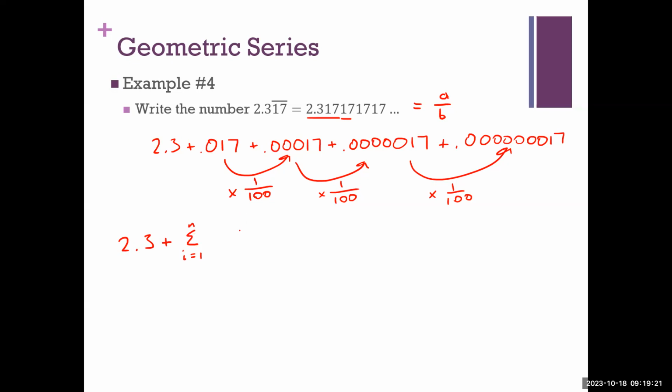We know the common ratio, right? What is it? 1 over 100. So what am I going to raise that to? The last one we just did, we did i minus 1.